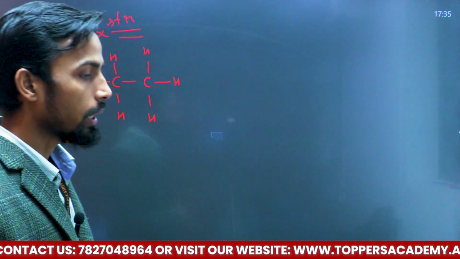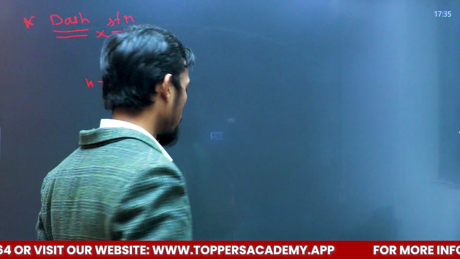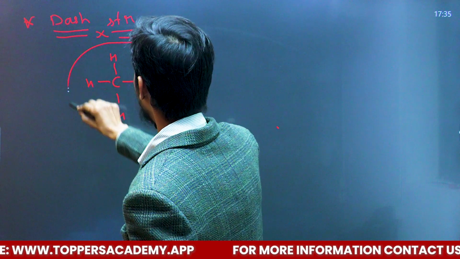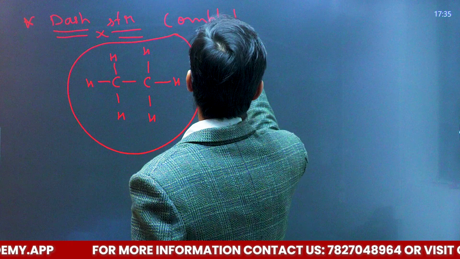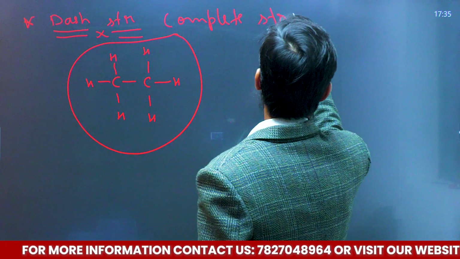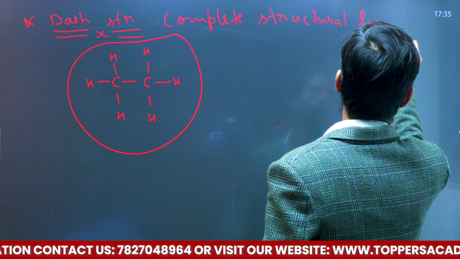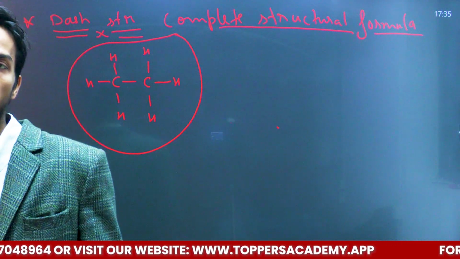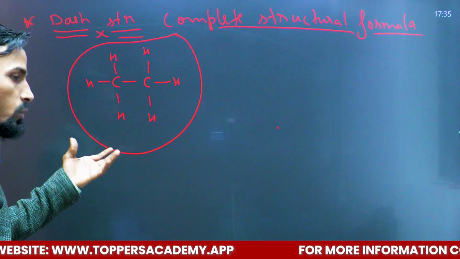Any number of compounds can be drawn this way, and this is known as the complete structural formula. In the dash structure, each and every atom is represented over here.